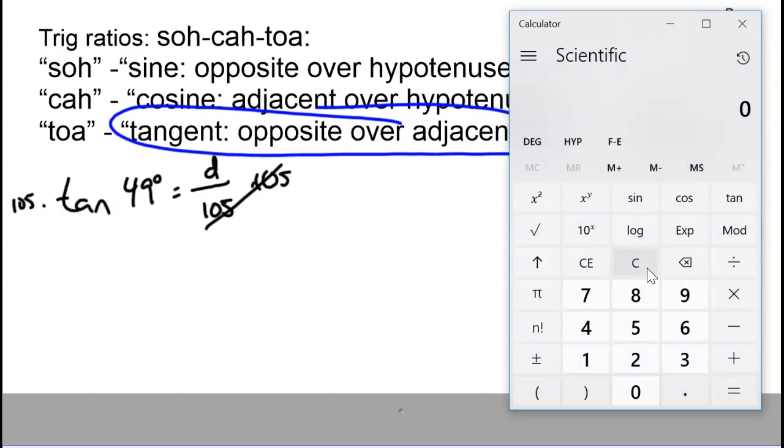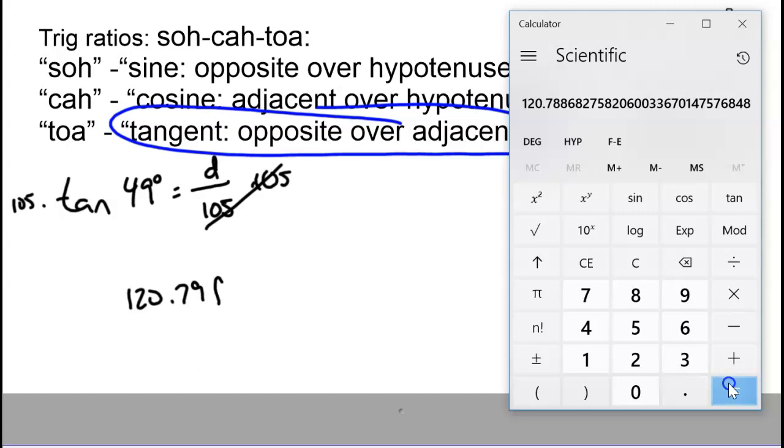We'll go 105 times tangent of 49, close parentheses, equals 120.79 feet, and that is D.